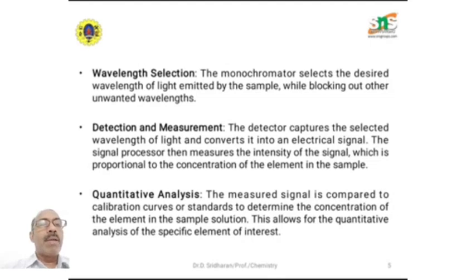Then the very common steps for all spectroscopy techniques, detection and measurement. The detector captures the selected wavelength of light and converts it into an electrical signal. A signal processor then measures the intensity of the signal, which is proportional to the concentration of the element in the sample.